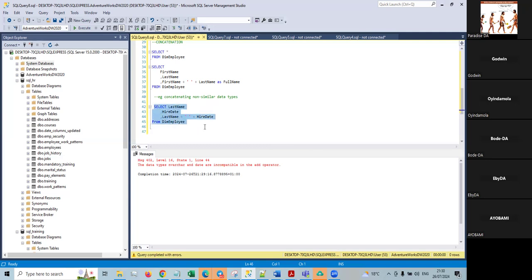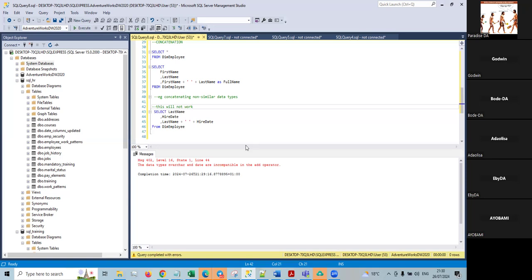Because we can convert a number to a string.